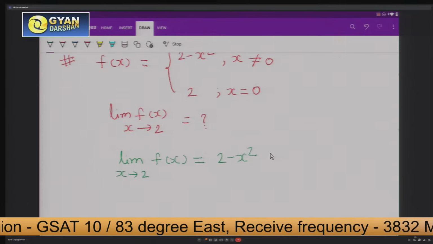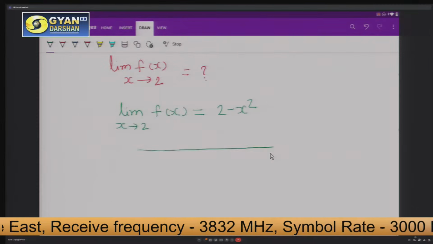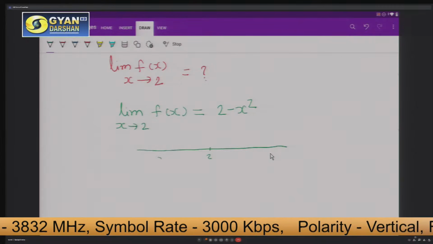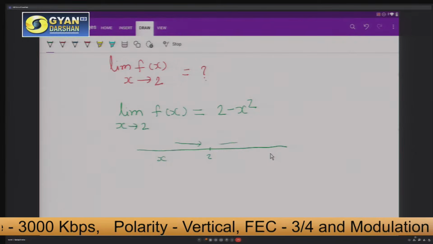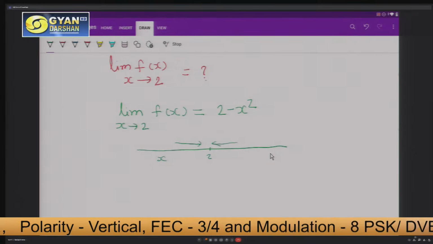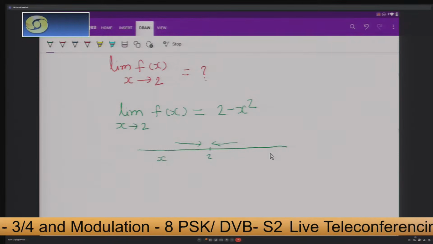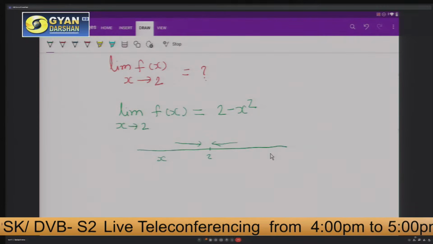You see? This is the number line, 2. So x is approaching either from this side or this side, but it is not equal to 2, it is near to 2. So we will take this function, the value of the function will be 2 minus x square.